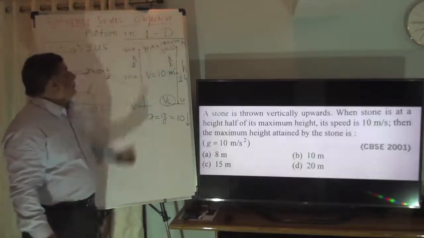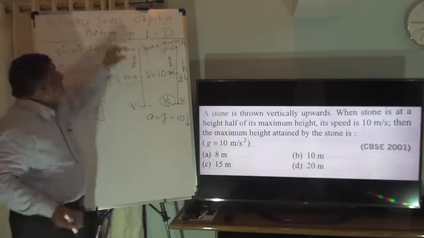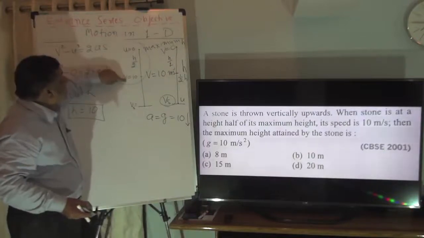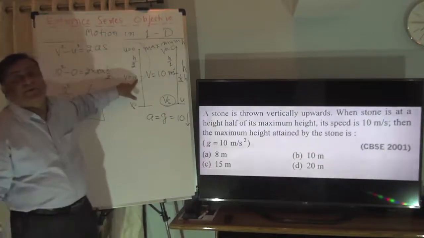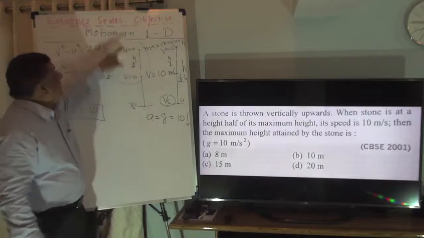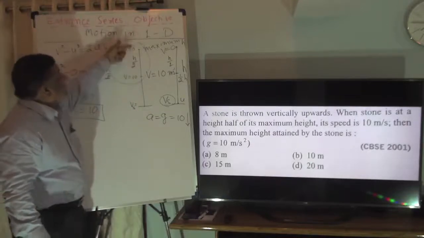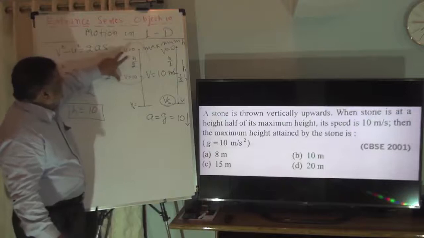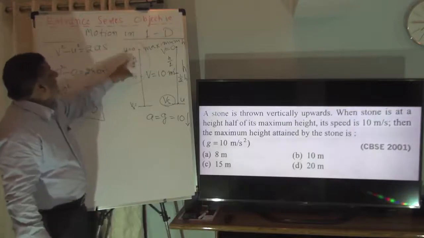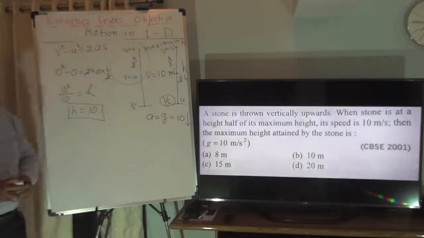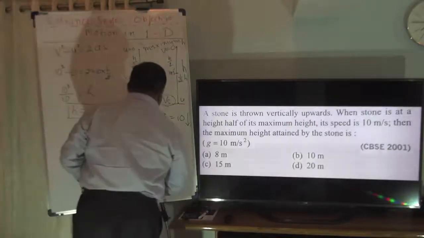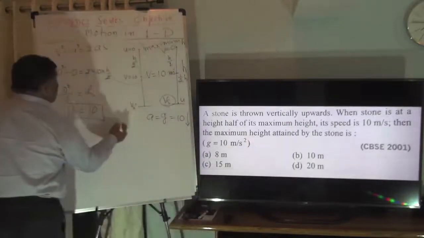Here v will be a known quantity. Here I don't know v because I am doing it from this point to this point, and here v is known to me. So we can calculate only from this point and the H value will come with only one equation. So we get the value here and our answer is B.